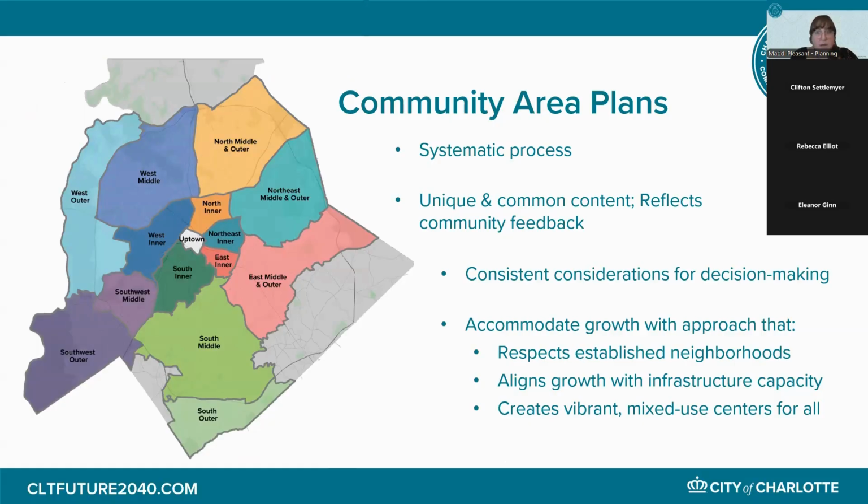These plans provide a common set of considerations for all decision makers to ensure we're consistently evaluating options in line with the city's vision. Over time, these considerations will help ensure growth is accommodated in a way that respects established neighborhoods, aligns growth with our infrastructure capacity, and also creates vibrant mixed-use centers for all.